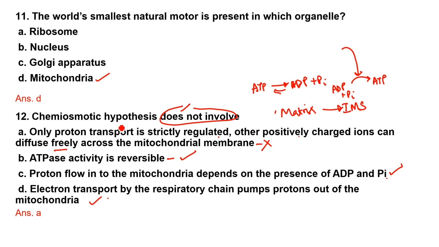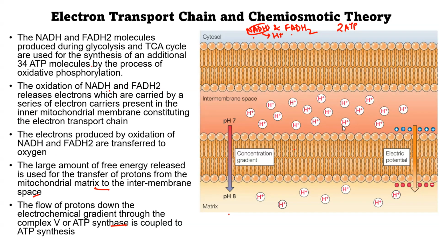So read the first statement. Only proton transport is strictly regulated. Other positively charged ions can diffuse freely across the mitochondrial membrane. You tell me whether this statement is correct or incorrect. The transport of protons is strictly regulated, that is true.